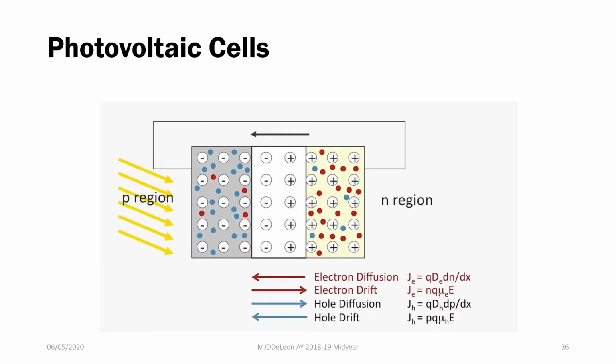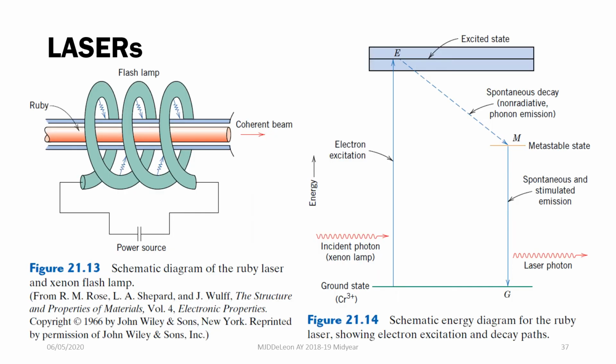We also have solar cells, production of electricity from light, and we also have lasers. So the mechanisms of these devices, this will be discussed in another lecture in a future subject. But for now, kailangan nila malaman na these devices will tackle light.